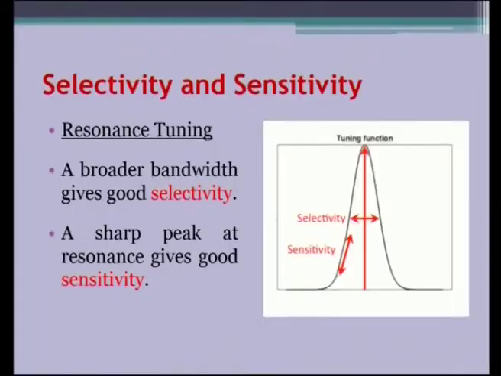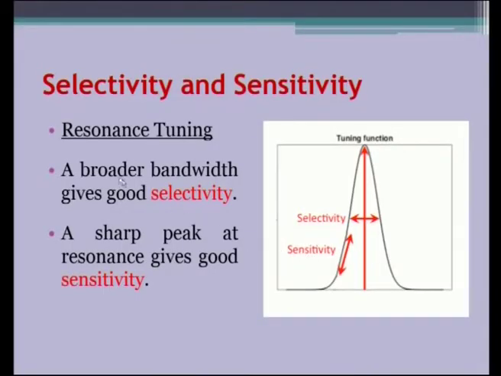Now, we will see two terminologies called selectivity and sensitivity, because we are talking about the resonance. In the case of tuned circuits, the resonance is very important. We will have to select a particular frequency at omega naught by varying the factors, and also there must be sensitivity. What is the meaning of these two terms?